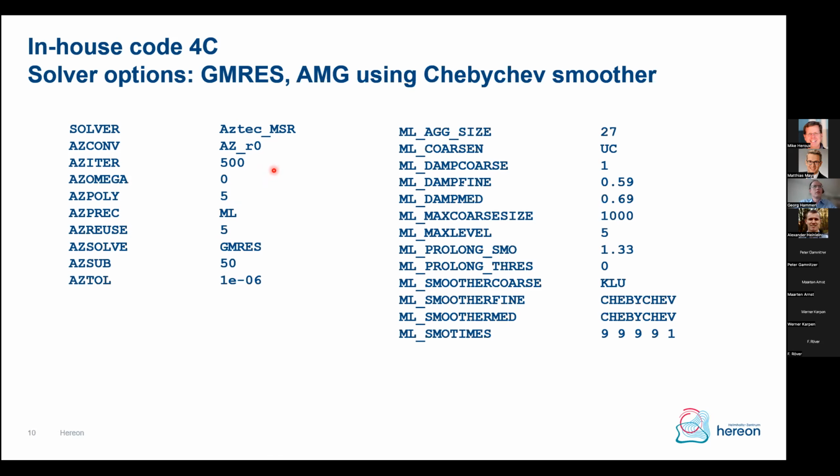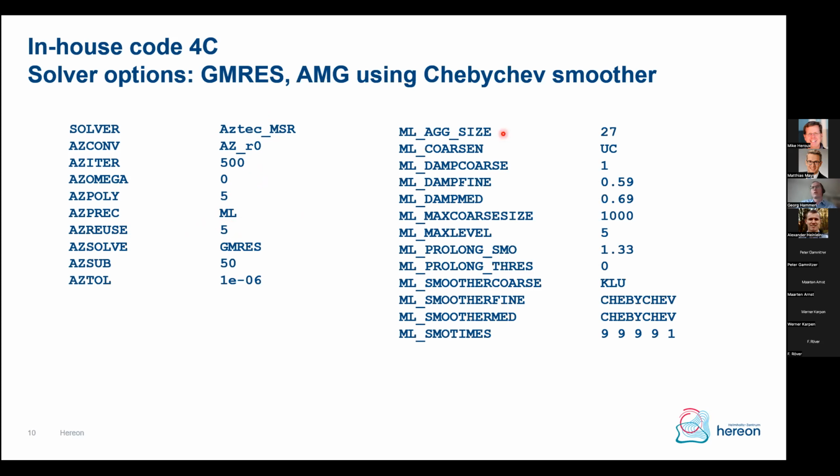Then I had a second variant for the solver settings that we tried for our small and large model. It's the same here on the left side, except that ML is used as the preconditioning method.